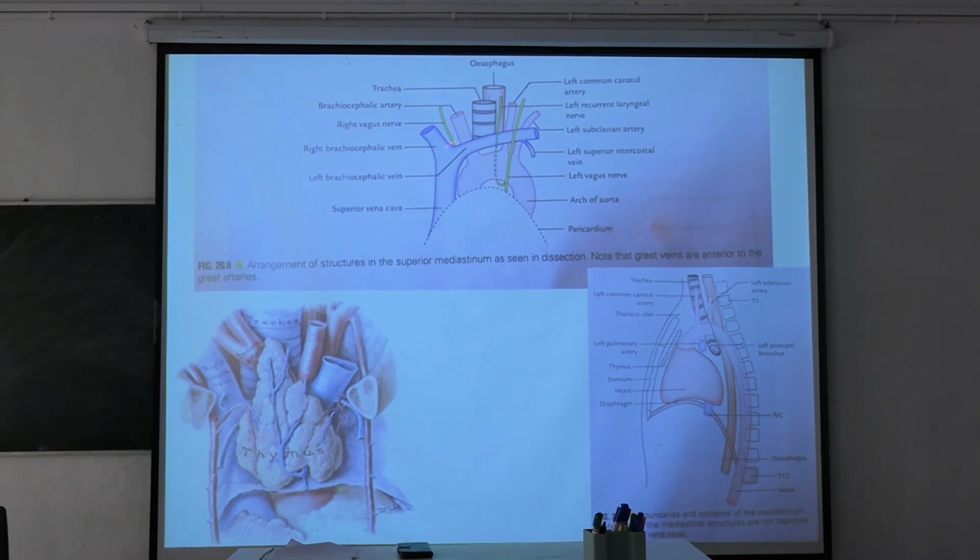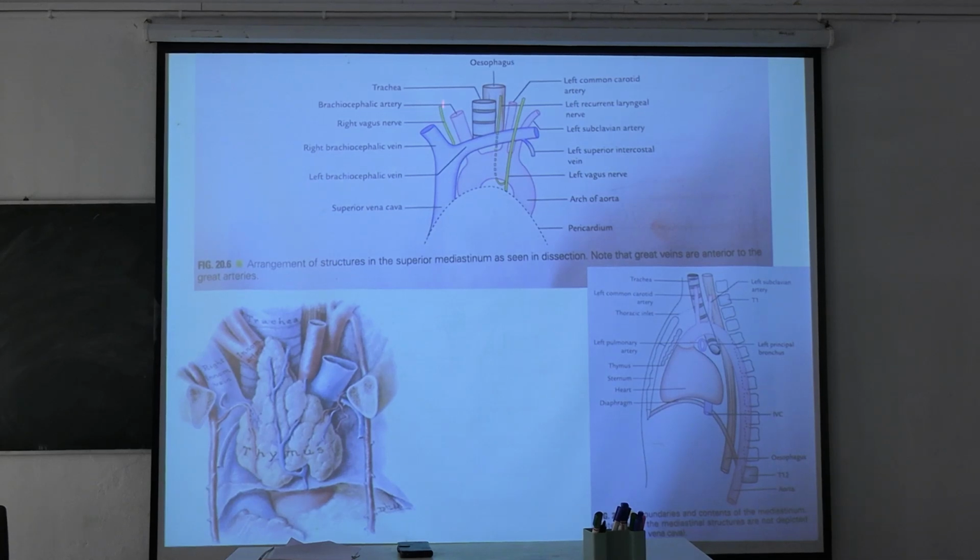See, these are the two brachiocephalic veins, right and left, and this is the left superior intercostal vein which is draining into the left brachiocephalic vein. These two brachiocephalic veins are joining to form the superior vena cava. Here you can see the arch of aorta and its three branches: brachiocephalic trunk, left common carotid, left subclavian.